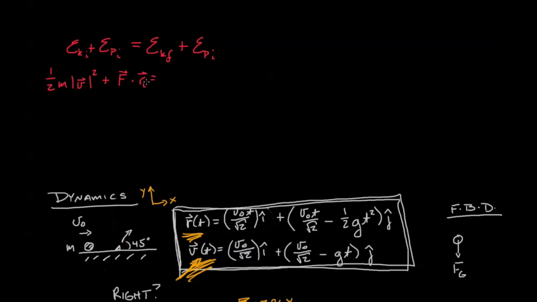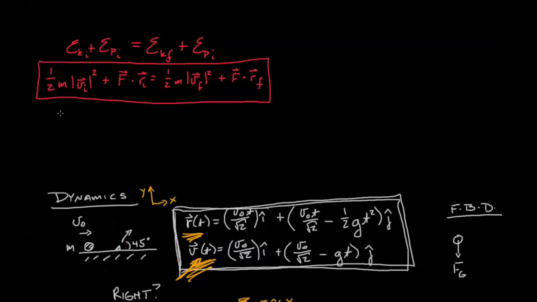We can say that's initial. And on the right-hand side, we do the same thing: 1/2 mass times the magnitude of the final velocity squared, plus the force through which something has moved times the distance through which it has moved. So we can use this red equation for all times to check our position and velocity to make sure that it's true and energy is conserved.